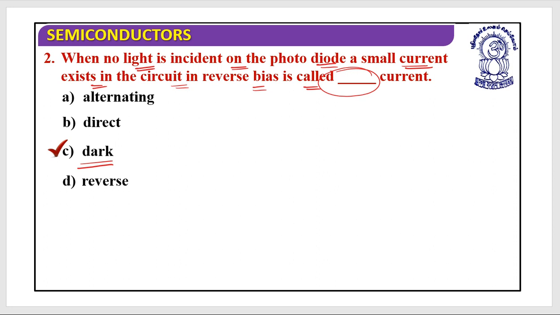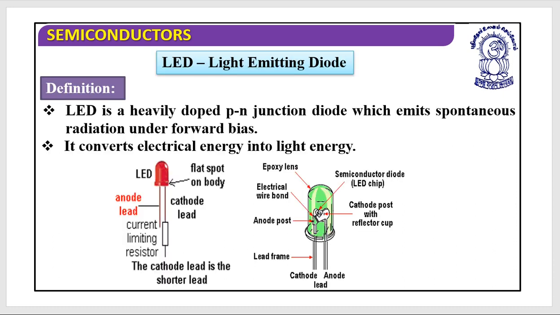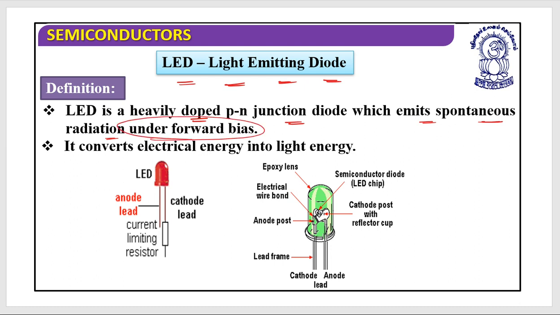So this is all about the photodiode, and now let's look at the next optoelectronic device, which we call an LED, a light emitting diode. It's an LED. Let's have a look. First, the definition of an LED or light emitting diode is a heavily doped PN junction diode which emits spontaneous radiation under the condition of forward bias.